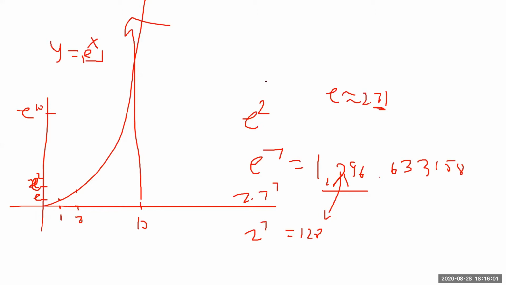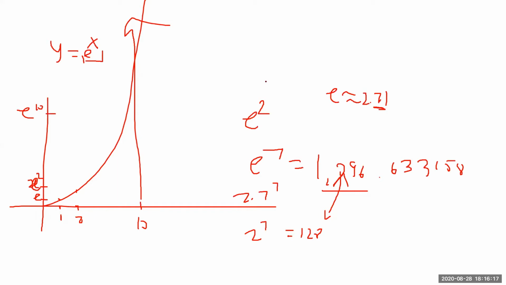E is 2.7182818. There's more digits than that, but yes, that is the value of e. Now multiply that by itself 7 times.